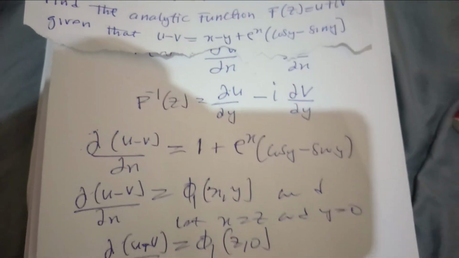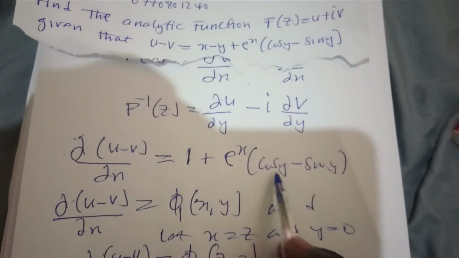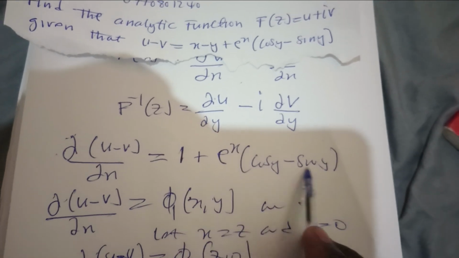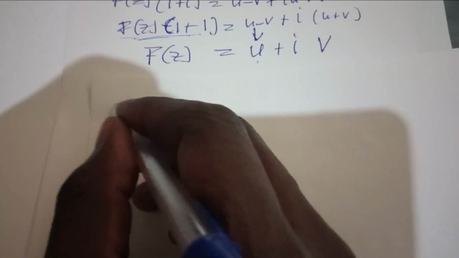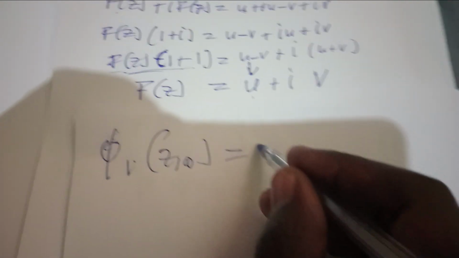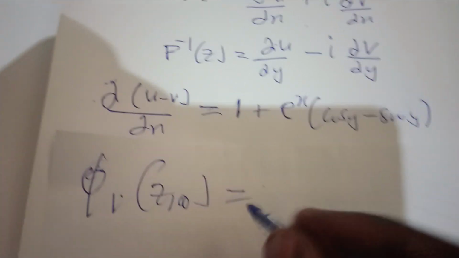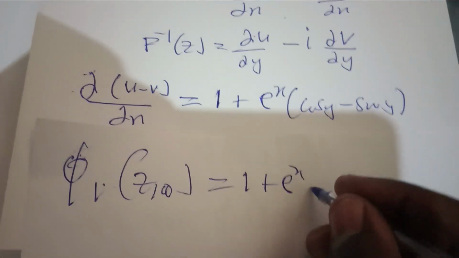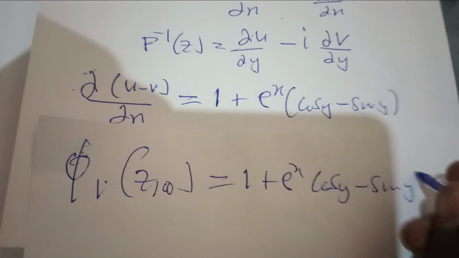Where there is x in this partial derivative, we replace it with z, and where there is y, we replace it with 0. Since we know that phi 1 of (z, 0) is equal to, and our partial derivative is, 1 plus e to the x cos y minus sin y.